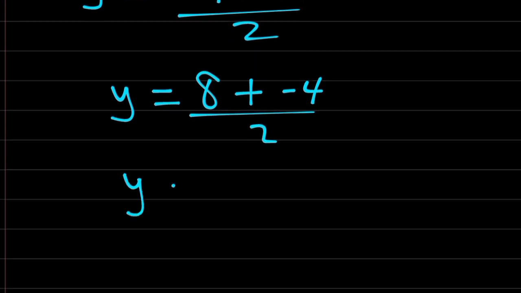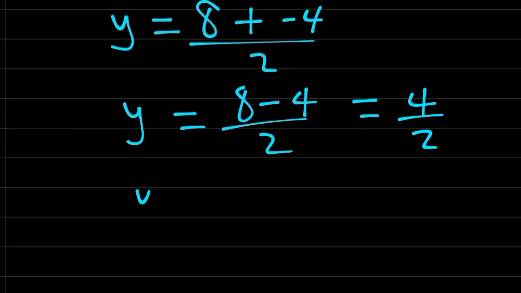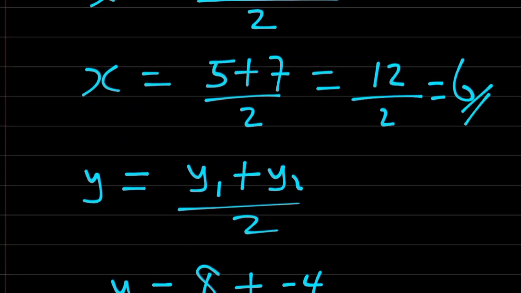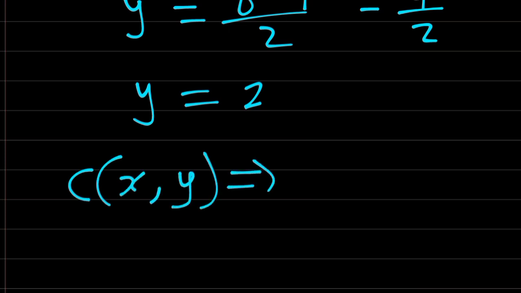Therefore, y is equal to 8 minus 4 over 2, which is equal to 4 over 2. Therefore, y is equal to 2. So my y is 2, my x is 6. Therefore, the coordinate of the midpoint x, y is actually 6, 2.